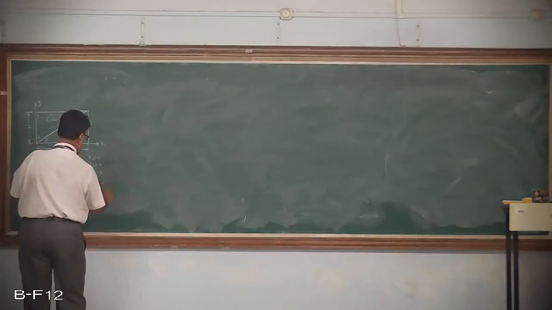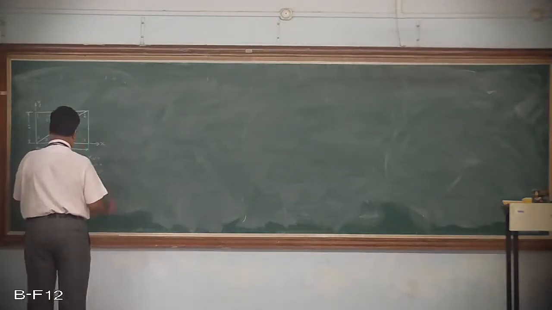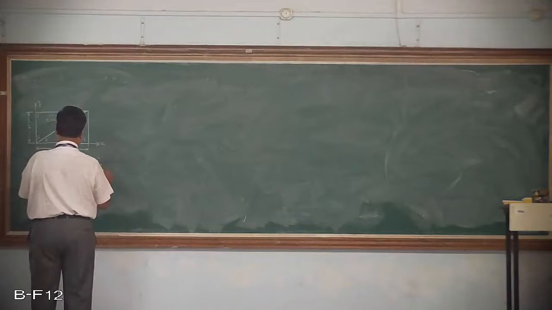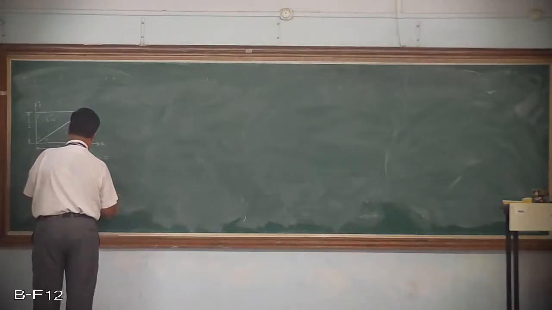We require this. x21 is x2 minus x1, it is coming 0. y23 is coming 2. y31 is coming 0.